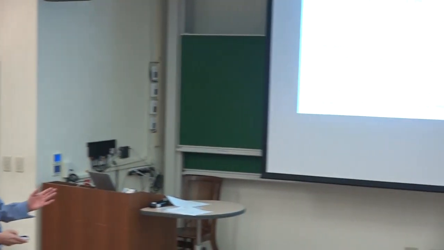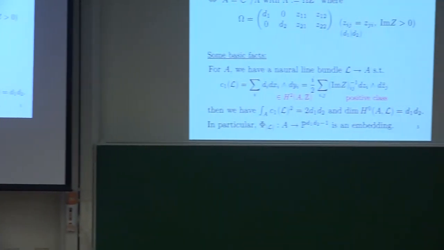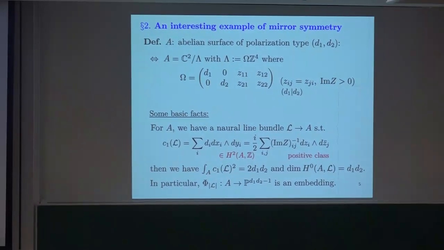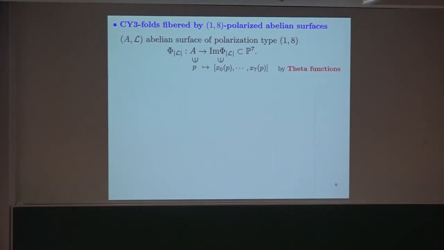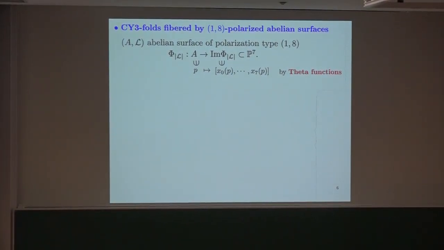Anyways, this problem is for me a long-standing problem that I want to solve or get into the details. So, for the reason that I just said, I focus on the 1,8 case.